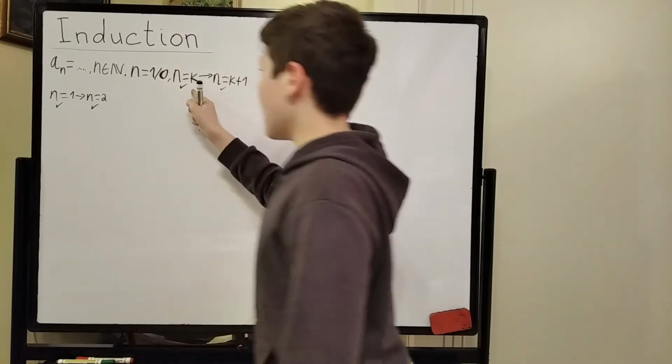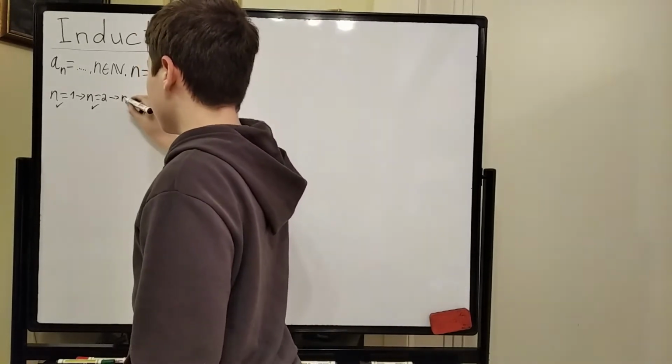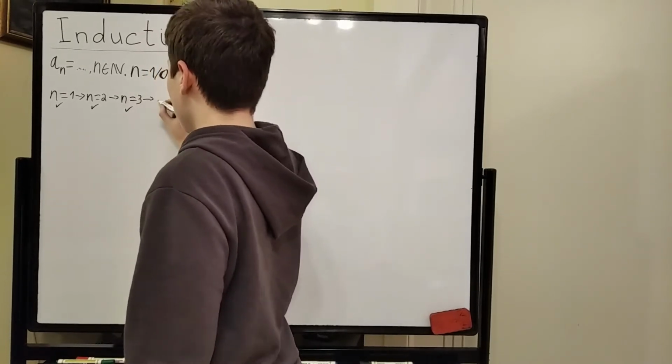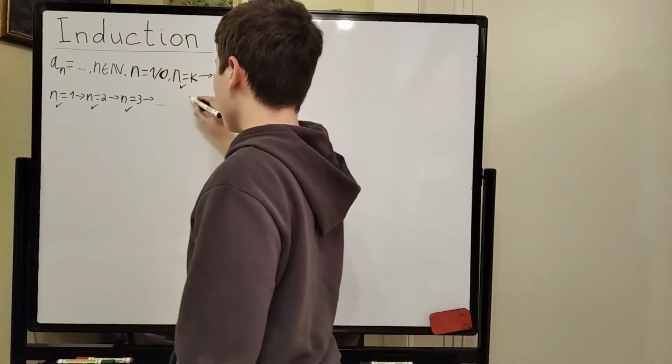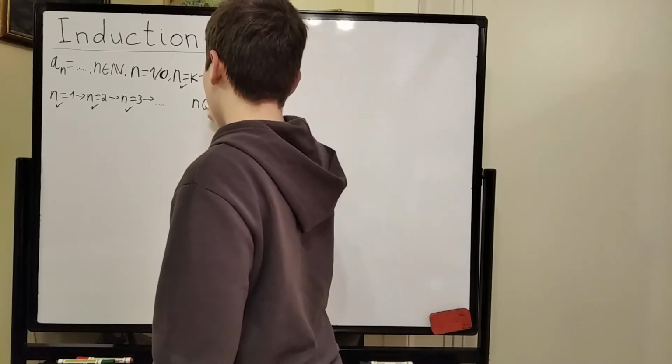But then you know that that implies that n equal to 3 is also true. And so on and so forth. So essentially, it's true for any natural number n.